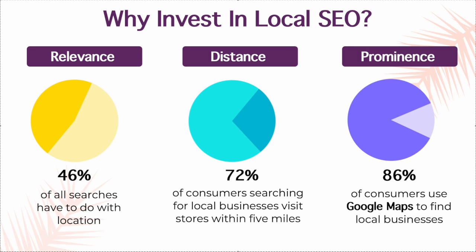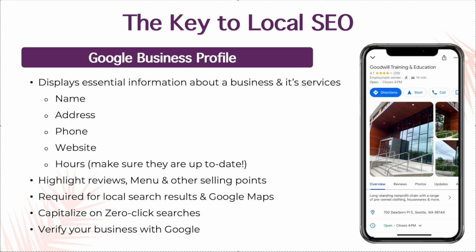Okay, so when we're thinking about a Google Business Profile, there are essentials of what it shows and provides. If we think about name, address, phone, you'll hear that a lot, the NAP. It's really important to make sure that it's consistent across Google, Facebook, Instagram, and your website, because Google looks at all those things and wants to make sure it's showing a real, up-to-date business.